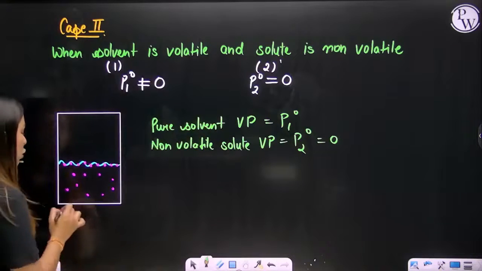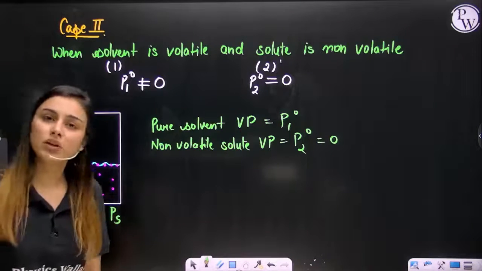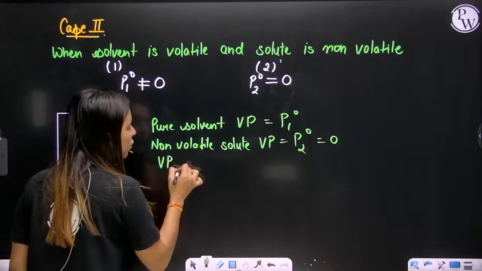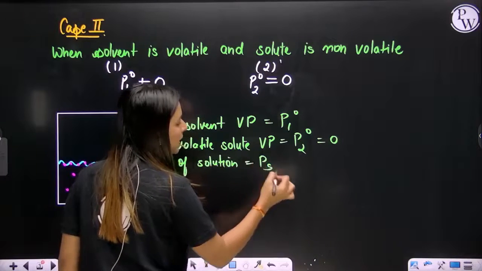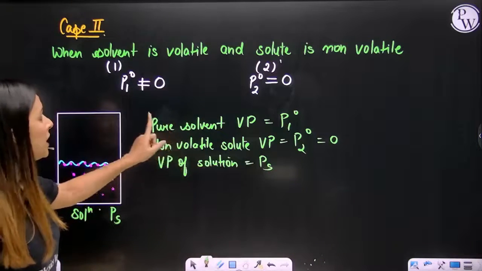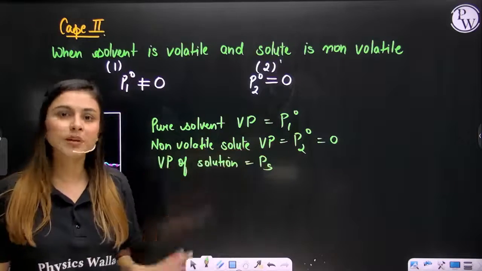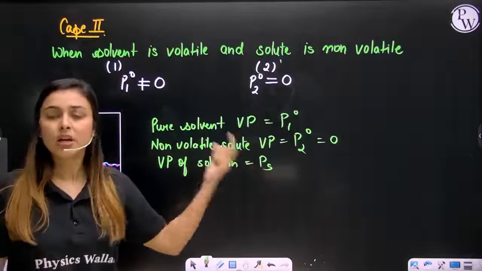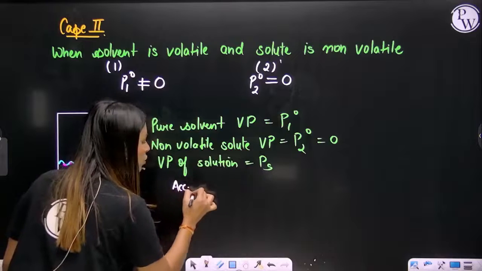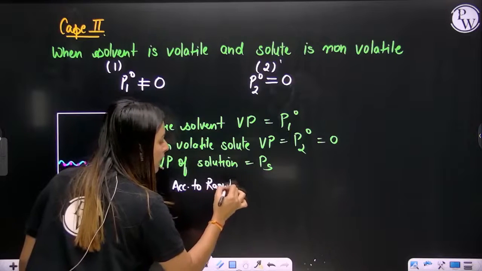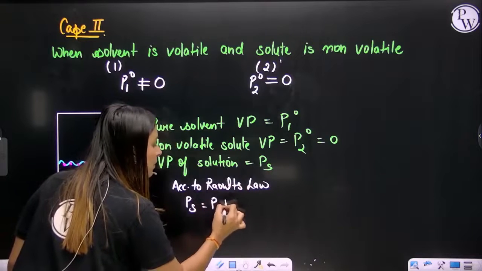Now, this is your solution, and PS is the vapor pressure of the solution. So the vapor pressure of the solution is given by PS, right? Yes. If the pure solvent's vapor pressure is P1 naught, if the non-volatile solute's vapor pressure is P2 naught, and your solution is here, then according to Raoult's law, PS is equal to P1 plus P2.